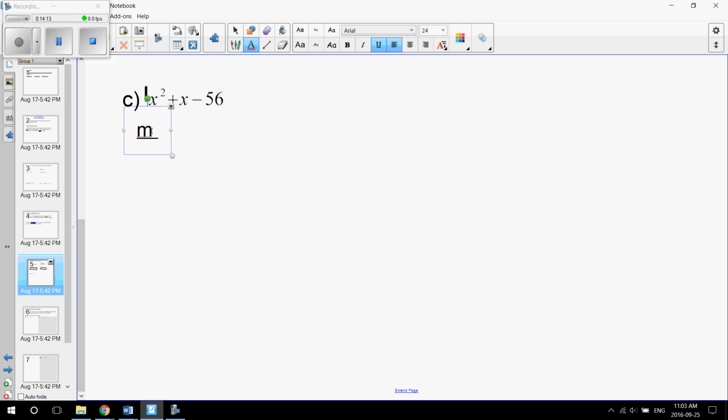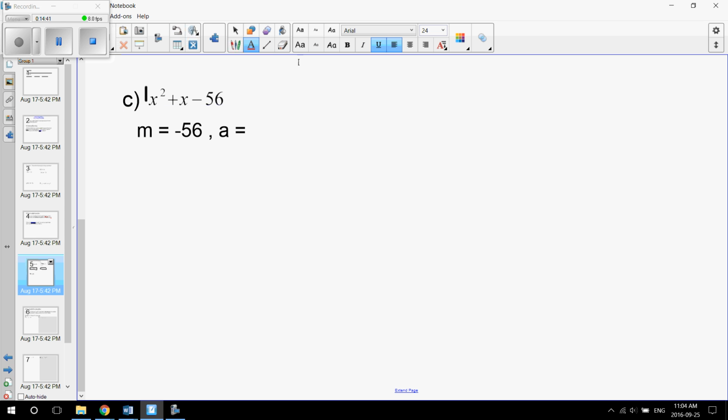So we need to come up with the number to multiply to. Remember that multiply value is always just the last value in our trinomial, which in this case is minus 56. And again, remember that sign has to be carried with that number whenever there's a sign in front of that number.